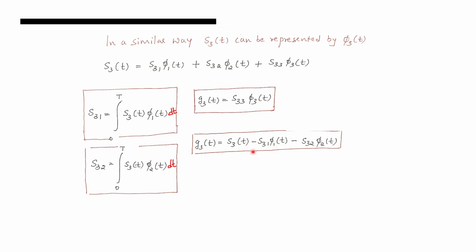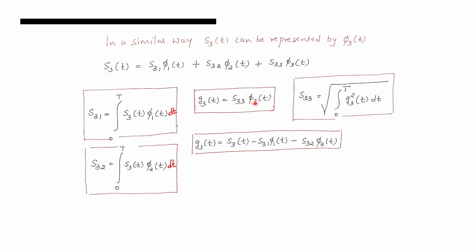Once G3 of t is known, obtain S33 by squaring this equation and integrating over t. So when you integrate both sides over t after squaring, we get S33 equal to the square root of the integral from 0 to T of g3 square t dt.